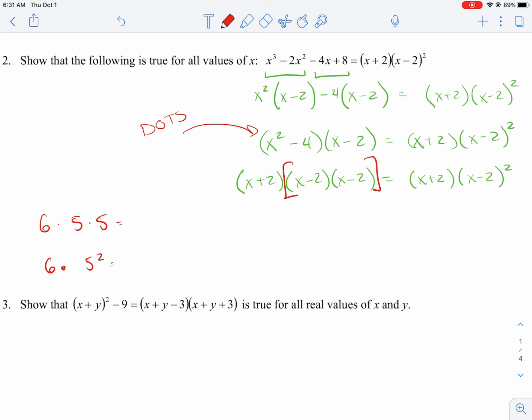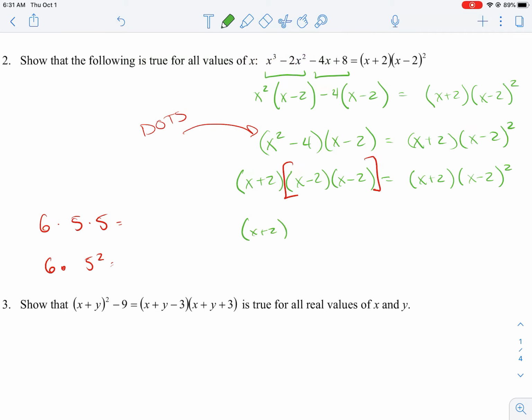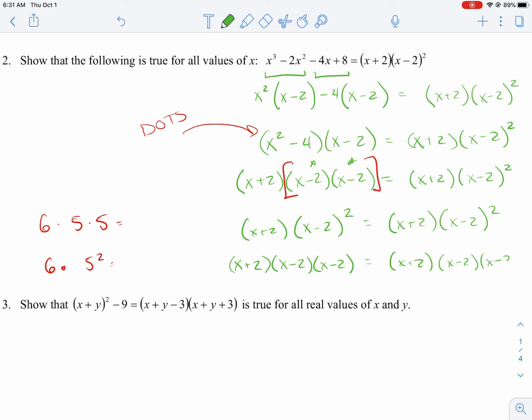Going back to the problem on the right here, I have an x plus 2, but notice I have this thing being multiplied by itself twice. So therefore, I can write it like this. Or if you're not fully convinced, maybe leave this right side as is and just expand that other side.